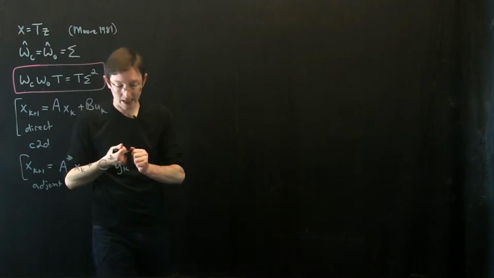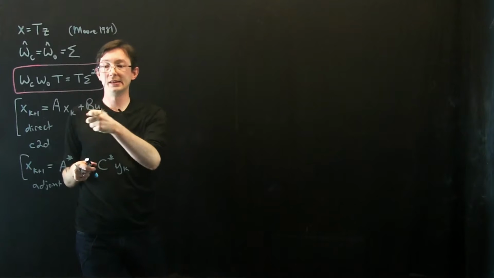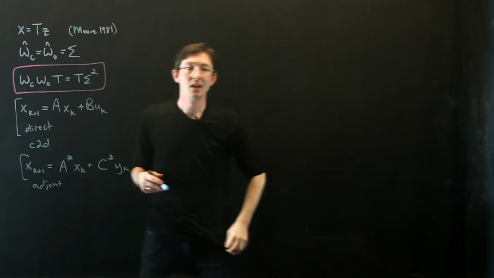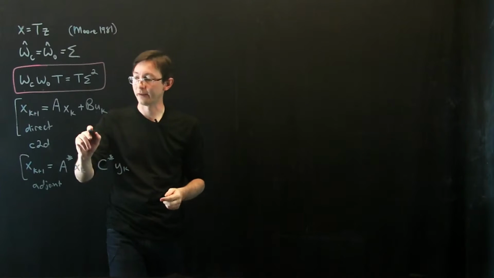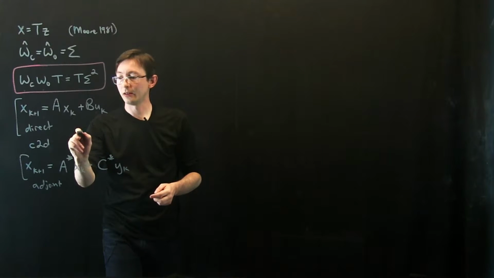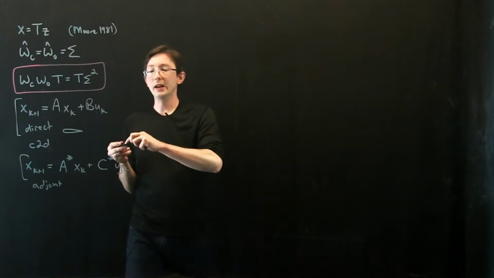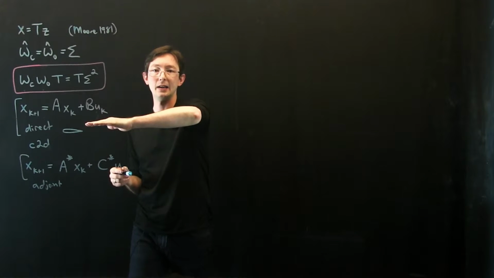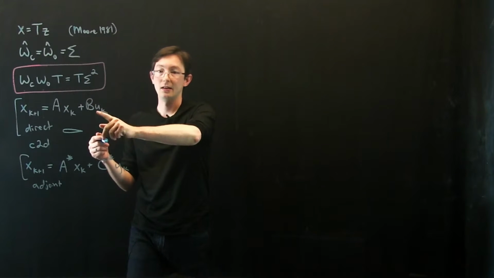So what you do instead is you use basically impulse responses of the direct and adjoint system. Now, remember what an impulse response is. Let's say I have an airfoil. Let's see if I can still draw an airfoil. OK, airfoil. What an impulse response is: at time k equals 0, I'm going to impulsively kick the system.